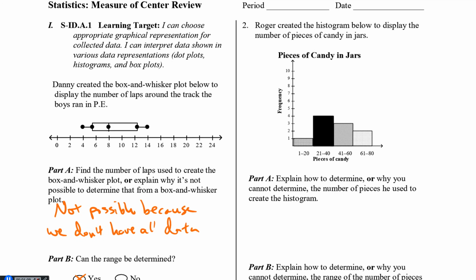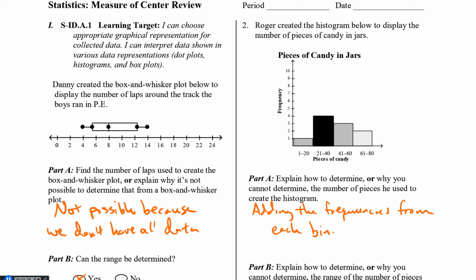Roger created a histogram for the pieces of candy in jars. Explain how to determine or why you cannot determine the number of pieces he used to create the histogram. So we can find it, and the way we'd find it is by adding the frequencies from each bin.